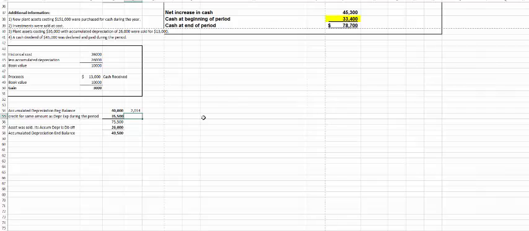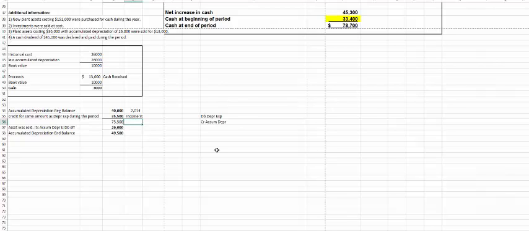If you think back, we always debited depreciation expense and credited accumulated depreciation when those were recognized. So I'm taking the beginning balance of 40 and adding the depreciation expense as shown on the income statement and getting a total of $75,500. A credit balance plus the credits equals this.